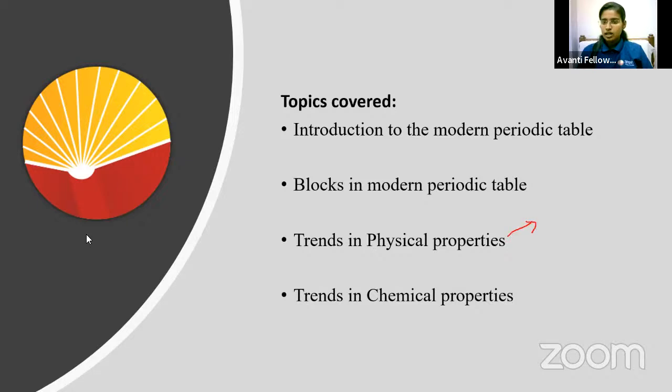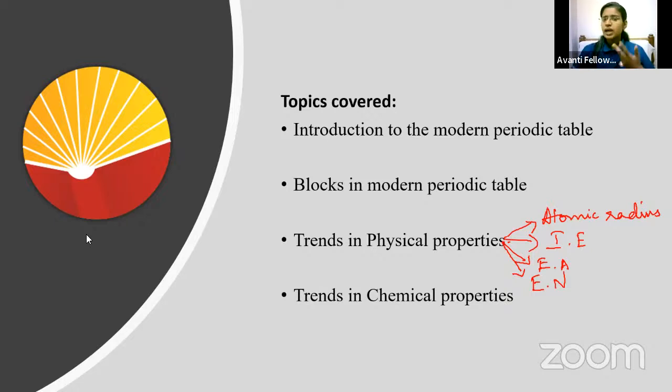One is atomic radius. The second one is ionization enthalpy. The third is electron affinity or electron gain enthalpy. And the fourth property is called electronegativity. These are the four physical properties which we will cover in this lesson.